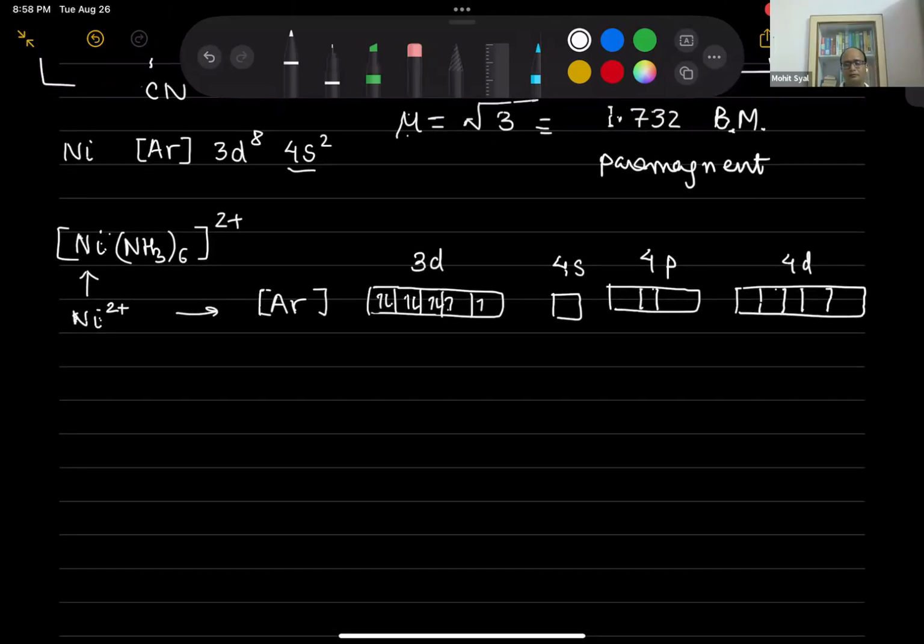Now we need to attach the ligands. What kind of ligands are they, strong or weak?